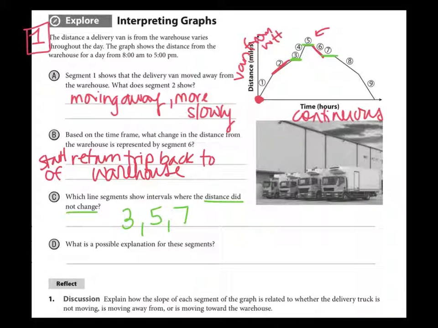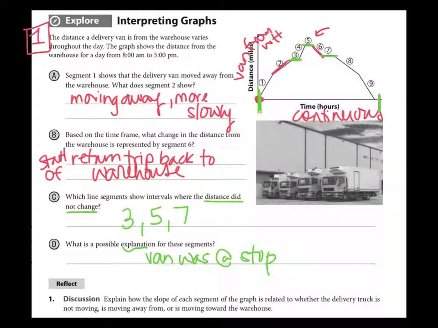And if the distance isn't changing, but time is passing, that would indicate that maybe the van was at a stop, like a delivery point, right? Because they're stopped for a length of time. This is from 8 a.m. to 5 p.m., so that's not stopping at a red light or in traffic. That's stopping potentially for a delivery. So if you look at that, it looks like there are maybe 3 deliveries in this scenario.